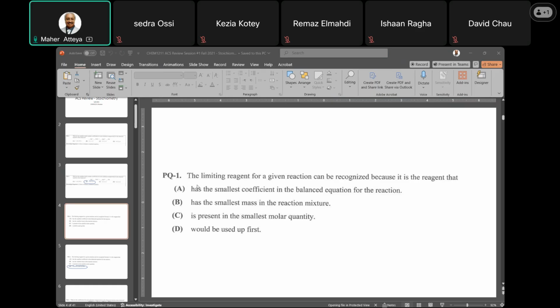The moles you have to calculate using molar mass, not the actual mass. We deal with moles first. Is present in the smallest molar quantity, that will be used up first. Well, that's not correct either, because it will be consumed totally after the reaction is done, not first. At the end of the reaction, not at the beginning.